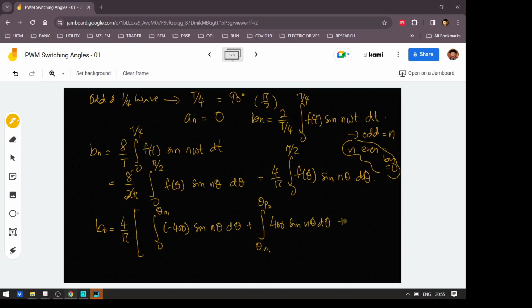Next will be from theta p2 to theta n2, and it will be minus 400 sine n theta d theta, and finally the integral from theta n2 to pi over 2, and this is 400 sine n theta d theta.